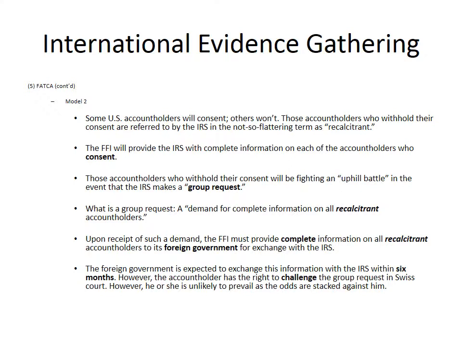Again, when the bank receives a group request, it must provide complete information on all recalcitrant account holders to its foreign government for exchange with the IRS. The foreign government is expected to exchange this information with the IRS within 6 months. However, the account holder has the right to challenge the group request in Swiss court. However, the account holder is unlikely to prevail as the odds are stacked against him.